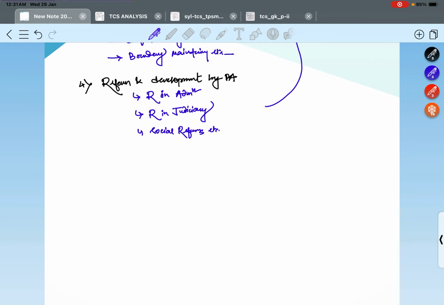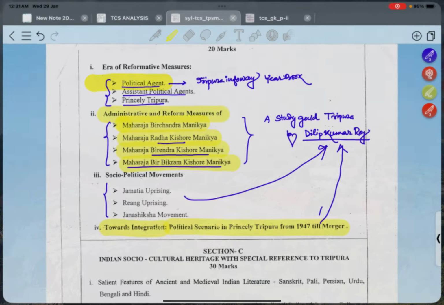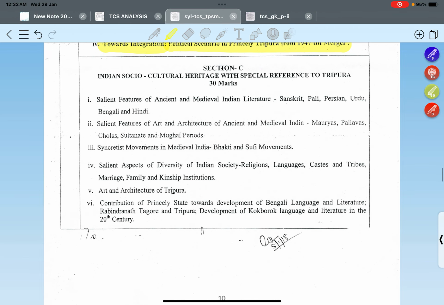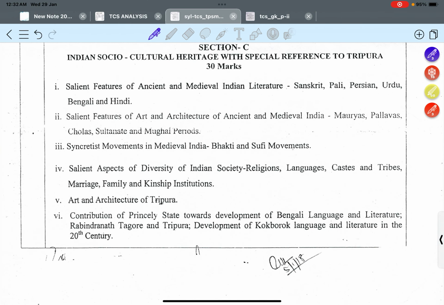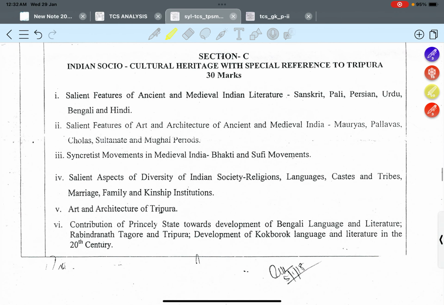Now the section C part is a bit tricky. At first I will tell you the sources. After that I will take a topic and discuss how deeply you should read it. First of all, it is salient features of ancient and medieval Indian literature: Sanskrit, Pali, Persian, Urdu, Bengali and Hindi.